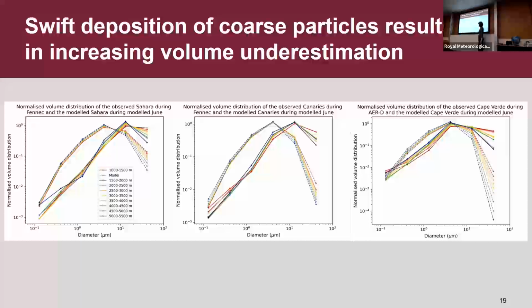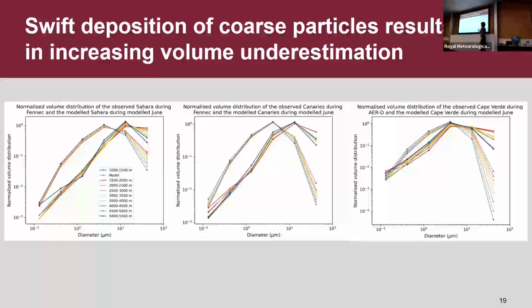My issue here is that the size distribution at the Sahara is already wrong. And that's close to the source where there shouldn't have been too much deposition already, which suggests that the emissions aren't quite right. So this drop between bin 5 and bin 6 is already overestimated in the model. As you go downstream, the difference between the observations and the model begins to increase.